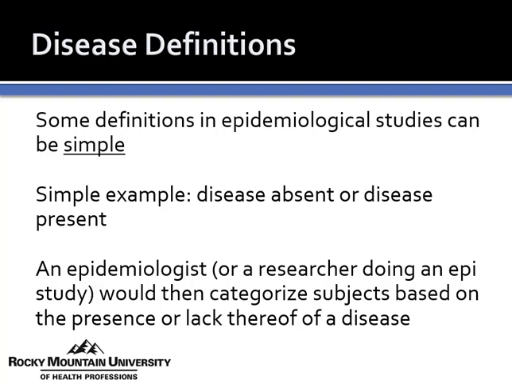Now, some definitions in epidemiologic studies can be very simple. Simple meaning the disease is absent or the disease is present. So an epidemiologist or a researcher doing an epi study would then categorize subjects based upon the presence or lack thereof of the disease.